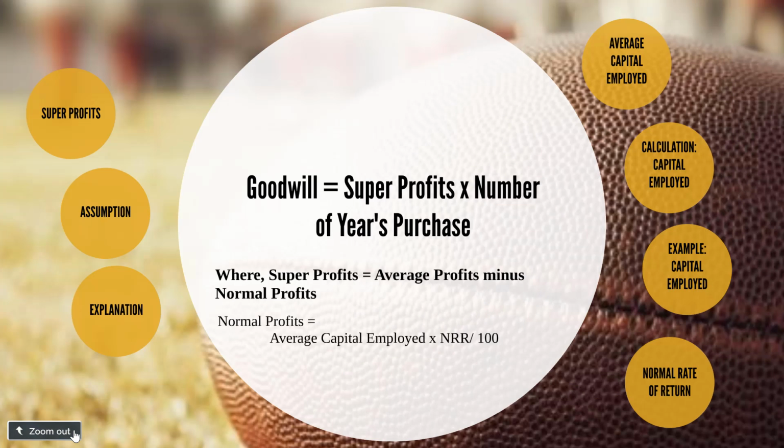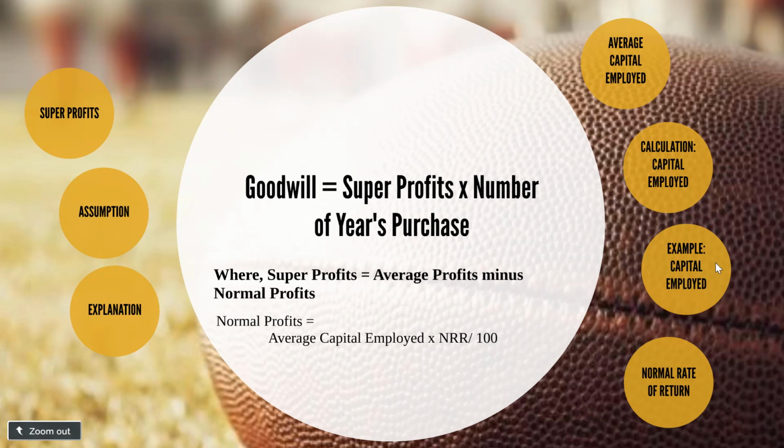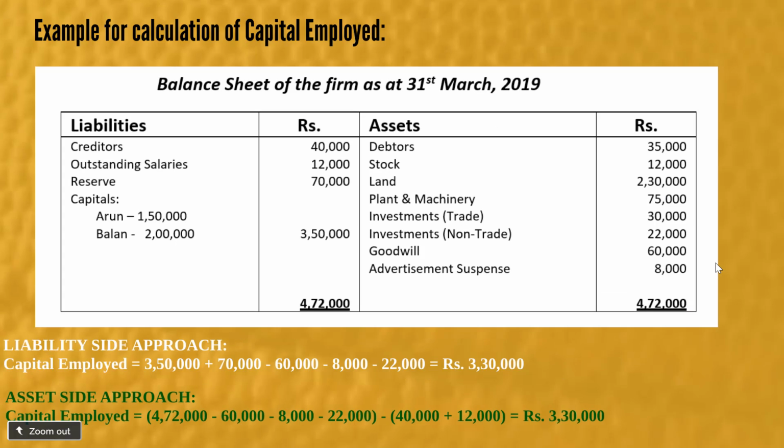So we saw the meaning of capital employed. It was the capital which is invested in the firm, and how to calculate the capital employed by means of the liability side approach and the asset side approach. Now we will see an example to calculate the capital employed.